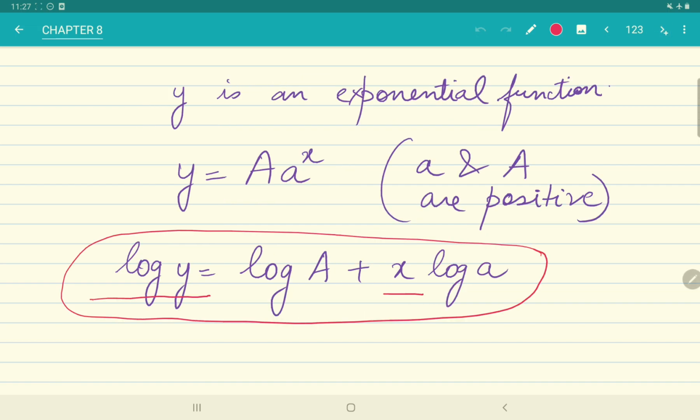When I talk about y as an exponential function, that is related to the case wherein we have ln y or log y on the vertical axis and just x, the ordinary linear scale, on the horizontal axis. This is different from a log linear relation, wherein we have ln x or log x on the horizontal axis, and ln y or log y on the vertical axis.